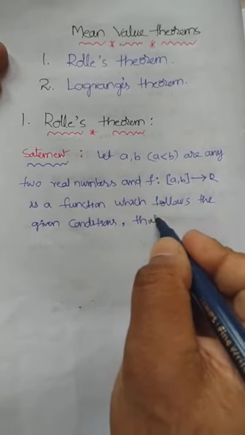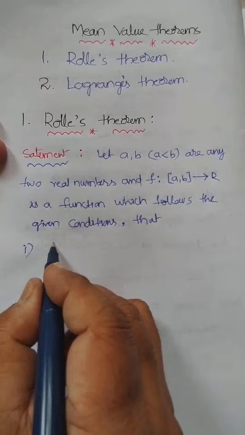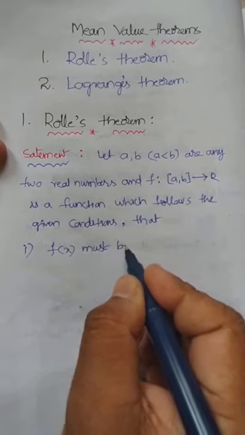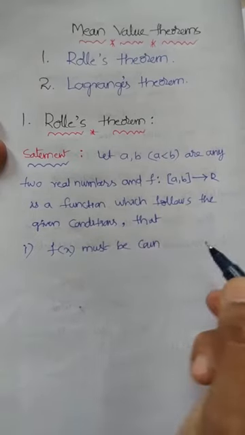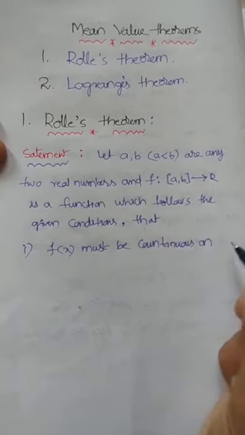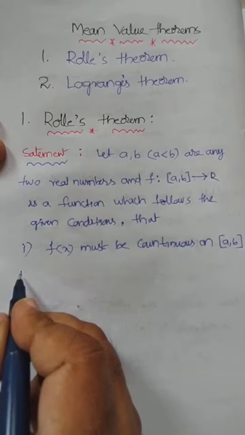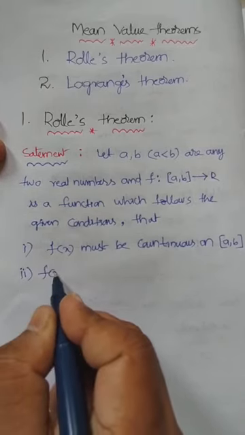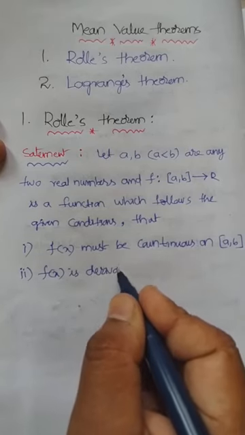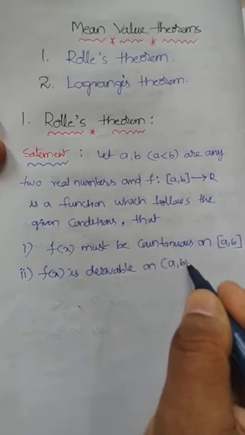That is, the first condition: f of x must be continuous on the closed interval [a, b], and the second condition: f of x is derivable on the open interval (a, b).